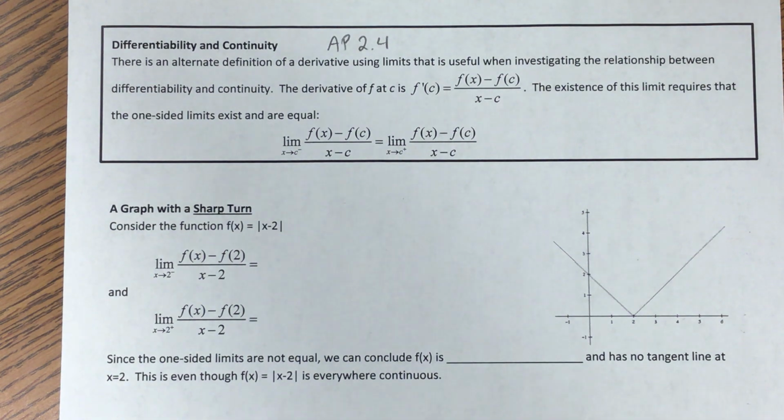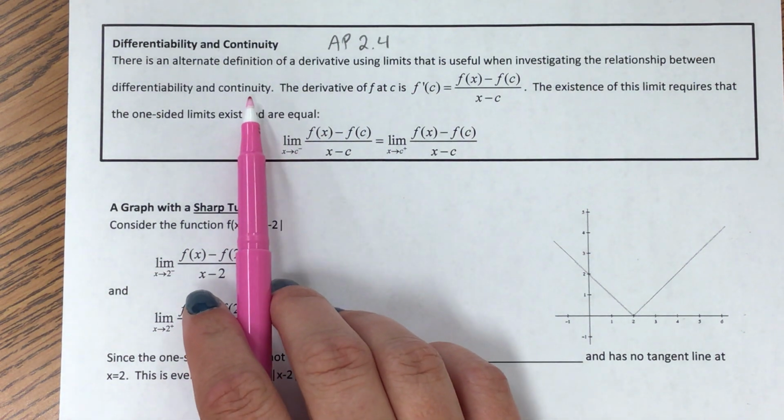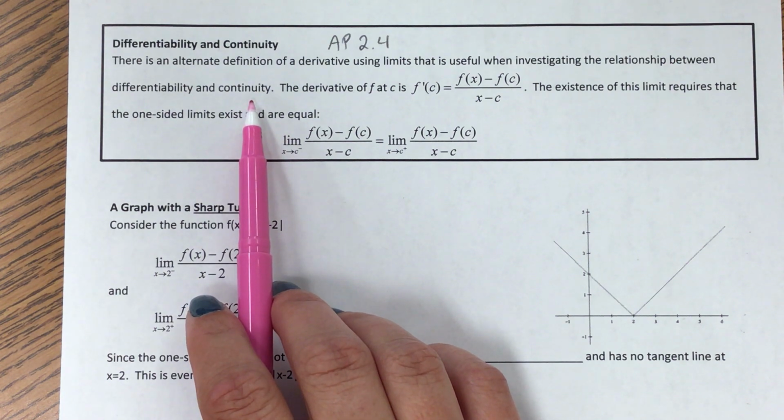Differentiability and continuity. So we talked about an alternate definition of a derivative that uses limits. That definition is particularly useful when we're trying to figure out the relationship between differentiability and continuity. So continuity means that you can draw the picture and you don't have to pick up your pencil, right?